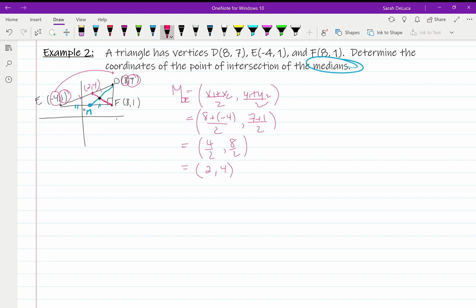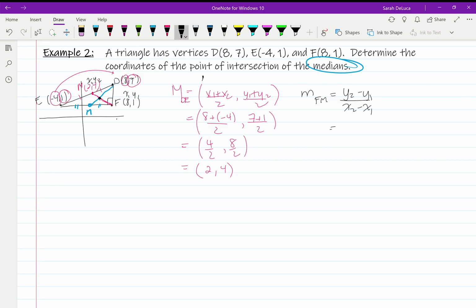Now I have enough information to find the slope of my median from F. So the slope of FM, that's F to the midpoint. I'll call this x1, y1, and this x2, y2.